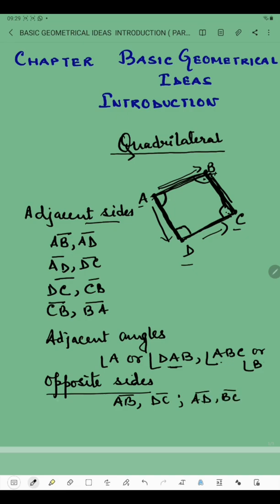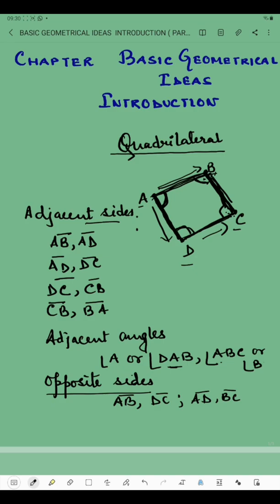Similarly, opposite angles are: opposite to angle A is angle C, and opposite to angle B is angle D. So while writing opposite sides or opposite angles, we don't get anything common, neither a vertex nor a side. But in the case of adjacent sides, the vertex is common, and in the case of adjacent angles, the side is common.